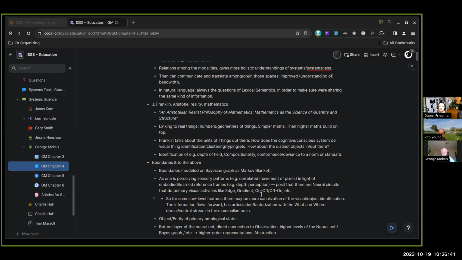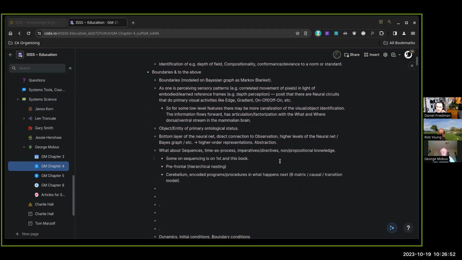Just those kinds of things resonate a lot between the formalism and the body and the brain.